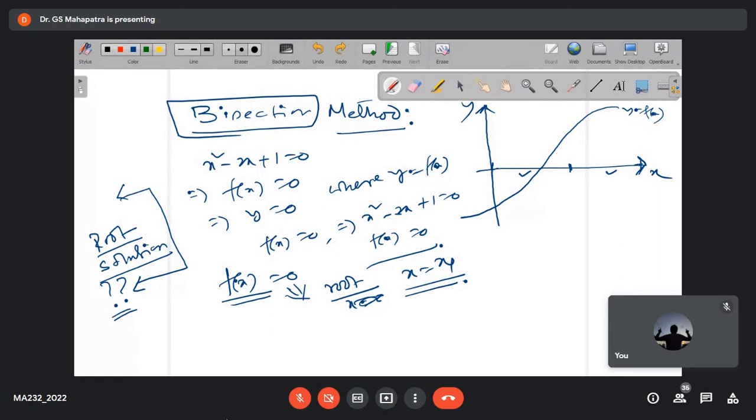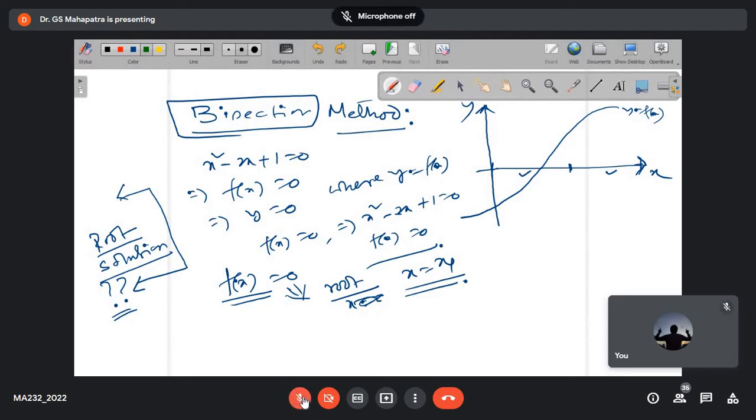Anybody, any other input on that? What is solution? What is the root? Okay, fine.